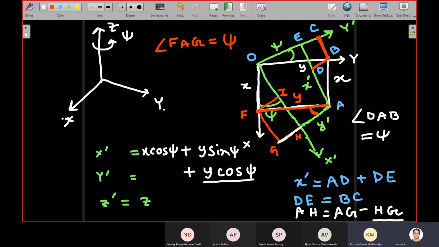Nila, can you tell me what is HG? HG is parallel to this line, correct? Then it is x sin phi. So when we are subtracting HG, we are using sin.